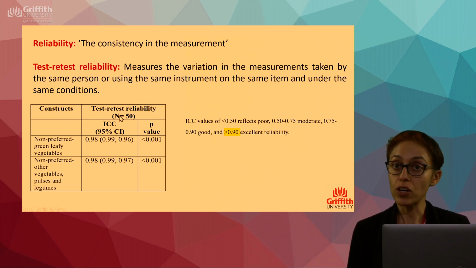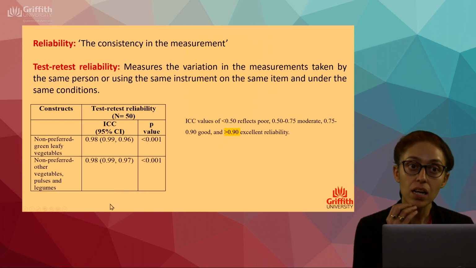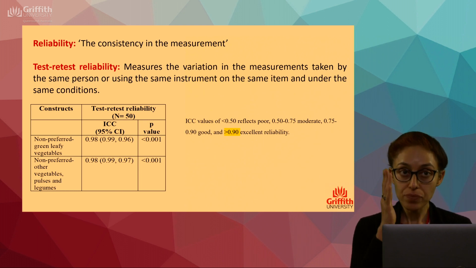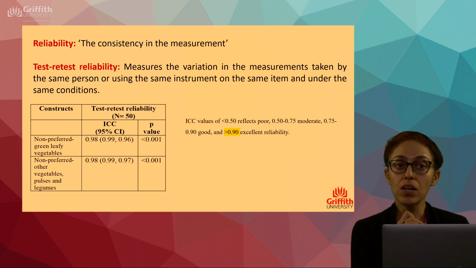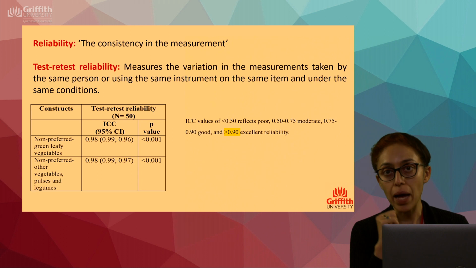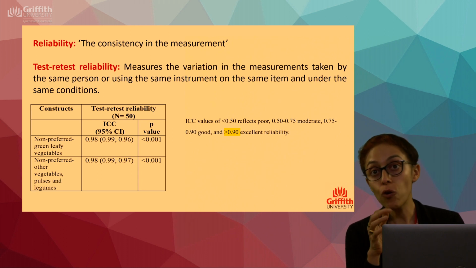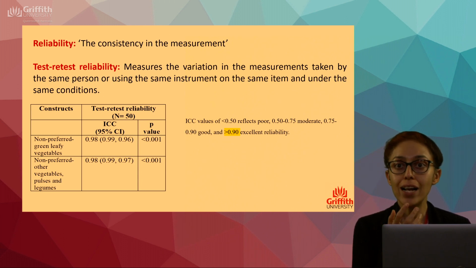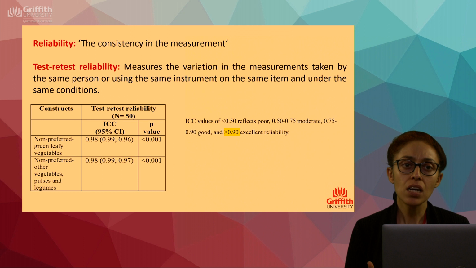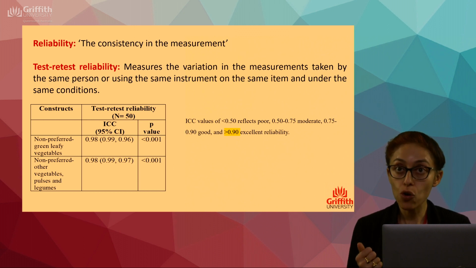Then I do a correlation to see whether the findings are still the same. Meaning, if the first time the child says that I hate cabbage, within 4 weeks the child should not suddenly say that, oh, I absolutely love cabbage. Okay, because dietary choices do not suddenly change overnight.